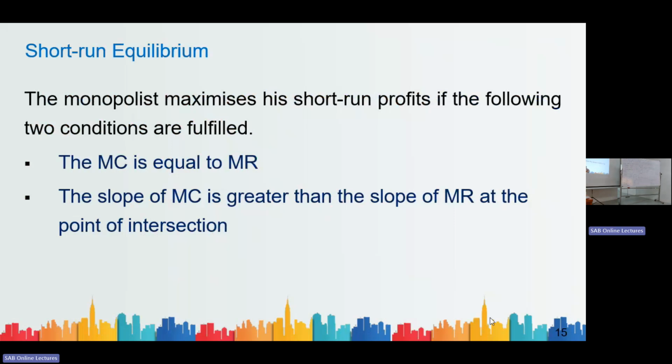So which is greater, the 0 value or the negative value? 0 is greater. So isn't this condition satisfied? The slope of MC is greater than the slope of MR. Yes, the second condition is also satisfied.